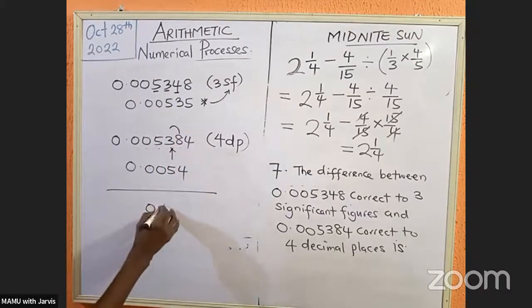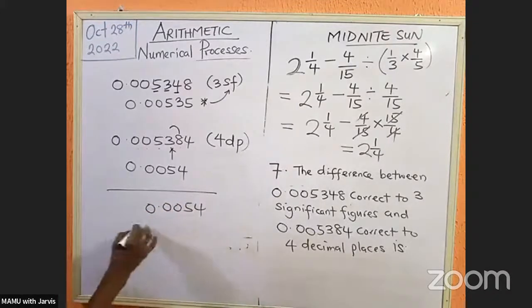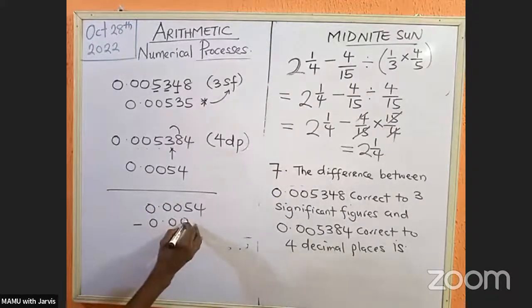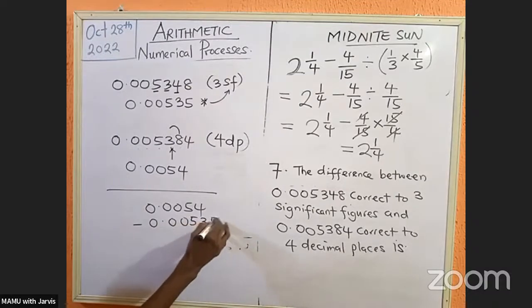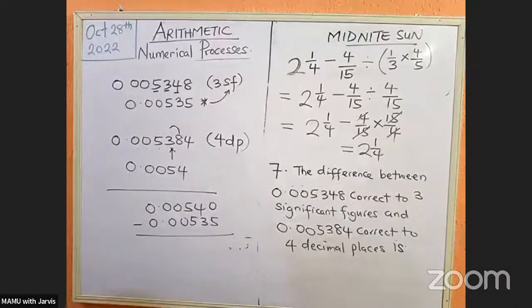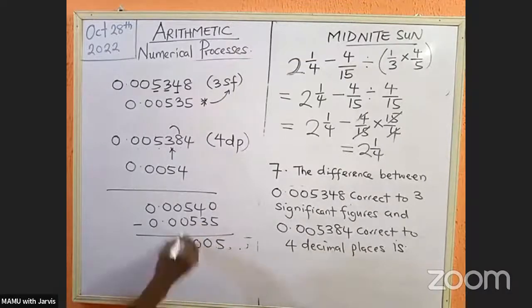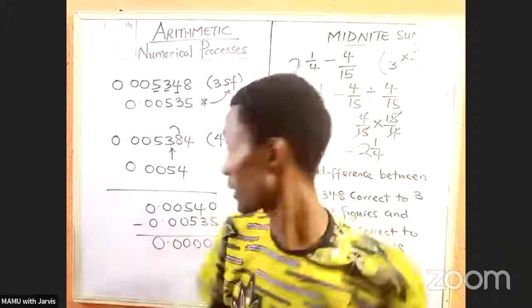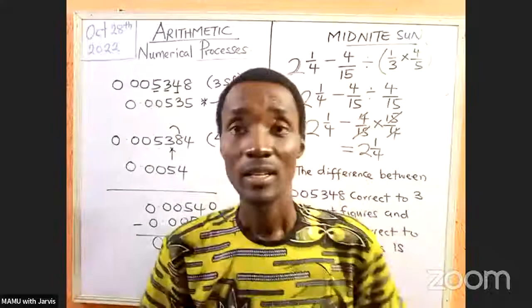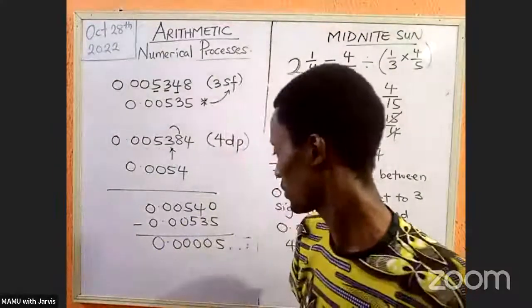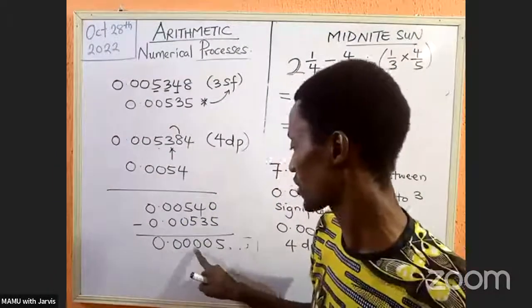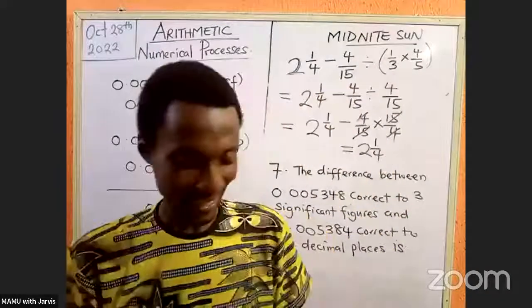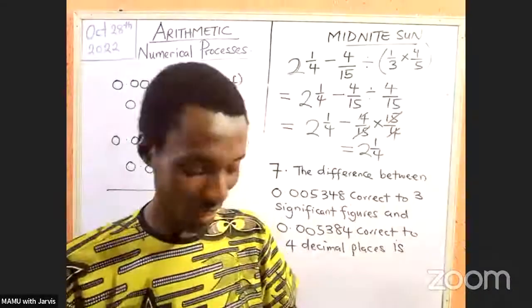So it will be 0.0054 minus 0.00535. So I'll put a 0 there. And when I subtract, this will be 5, 0, 0, 0, 0. So the first person there, Esther Bestman, I think she got it right. 0.00005. That's the correct answer to the problem.